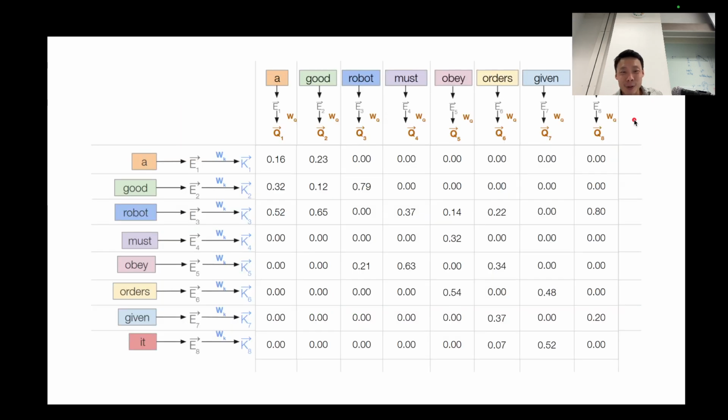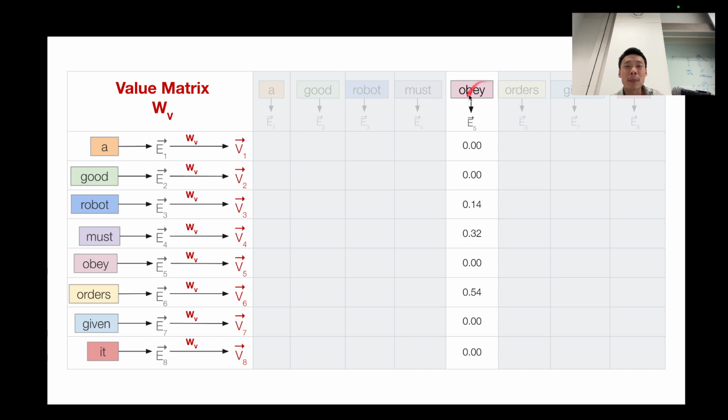So what you end up doing here, suppose for the word obey, you already computed the attention it needs to give to different words in the sentence. It should give more to orders and less to must and robot, and all the others are 0.